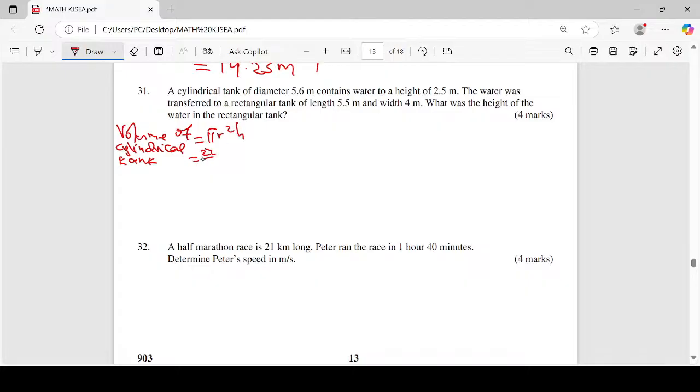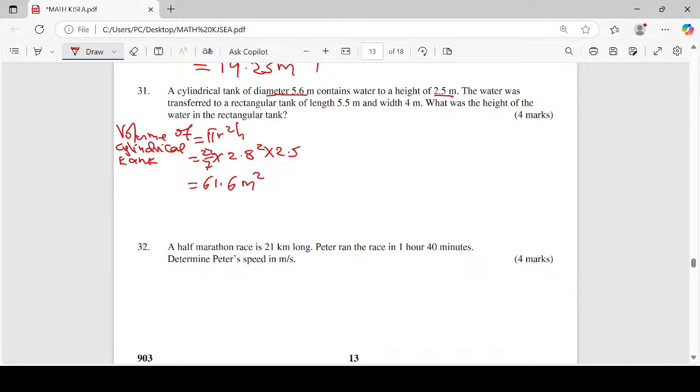This is 22 over 7 times the radius. The diameter is 5.6, then the radius is half of it, which is 2.8, squared, times the height, which is 2.5. In your calculator, 22 over 7 times 2.8 squared times 2.5 gives 61.6 cubic meters. That is the volume of that cylindrical tank.